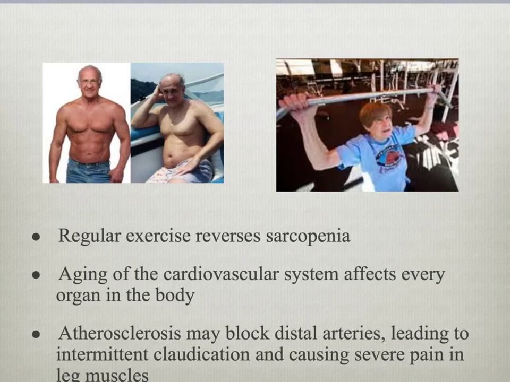Atherosclerosis, which is hardening of the arteries, may block distal arteries, which are in the extremities, leading to intermittent claudication, which causes severe pain in the muscles. So by working out, they can improve their cardiovascular health and thereby have better blood flow to their extremities and not have as many of the problems with aging.